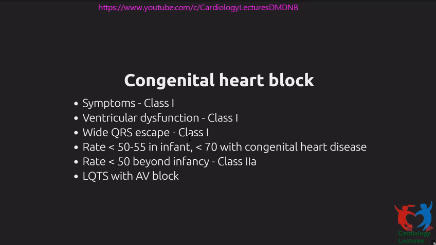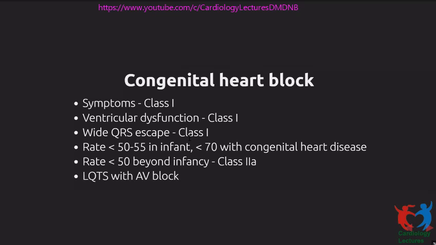So think about it, and especially in the newborn period, sometimes their heart rate tends to be low, but it picks up quickly over the next few days. So if they're developing well, they don't have symptoms, have a narrow QRS, it's always fine, I think, to wait and just monitor them more frequently and watch out.